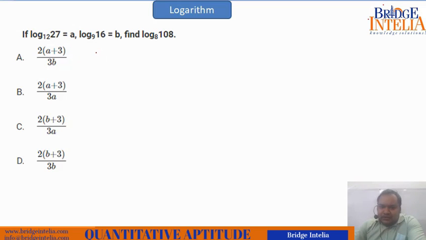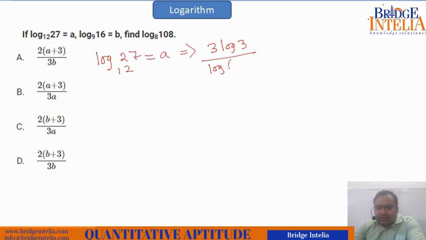So it is being conveyed to us that log 27 by log 12 is equal to A. So this actually means 27 can be written as 3 cube, so 3 log 3. 12 can be written as 2 square into 3.